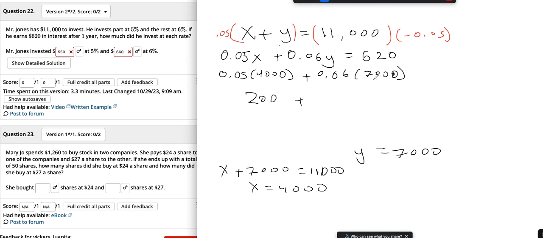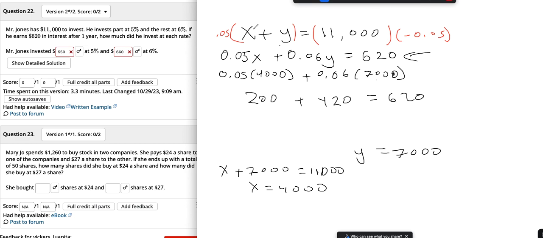Plus 6% of $7,000. All we're doing is figuring out 5% of $4,000, that would be my interest payment, and then 6% of $7,000, that would be $420. So what this is representing is the interest payment you're getting on that amount of money. 5% of that 4,000 made 200, 6% of that 7,000 makes 420, and that's the 620 that we have right there in interest.